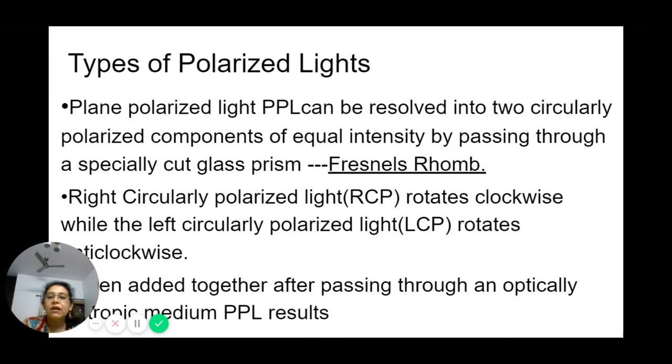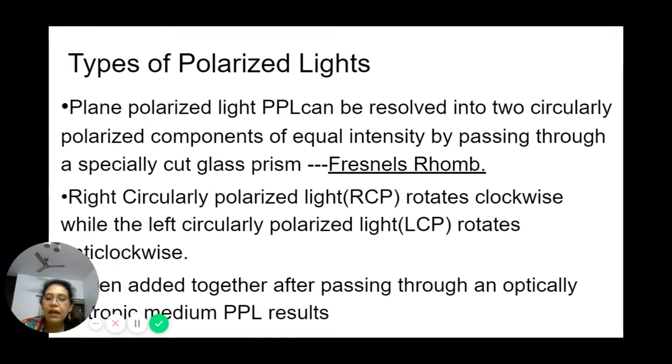Now let us see the types of polarized light. A plane polarized light is said to be made up of two circularly polarized lights. One is a right circularly polarized light which rotates in a clockwise manner, and the other is a left circularly polarized light which rotates in an anti-clockwise manner.